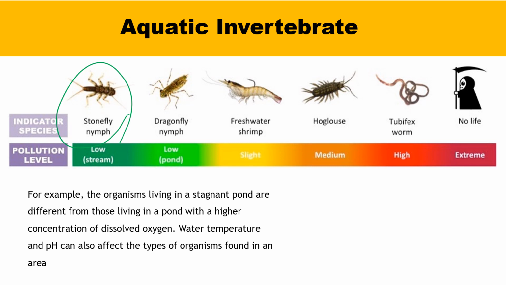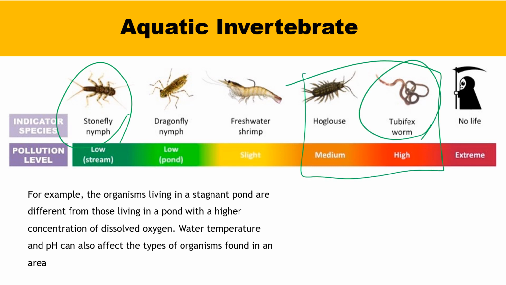As you go to a highly polluted environment, especially in this high situation, you see simpler species that normally live as parasites or as decomposers, more like parasites, like ringworm.